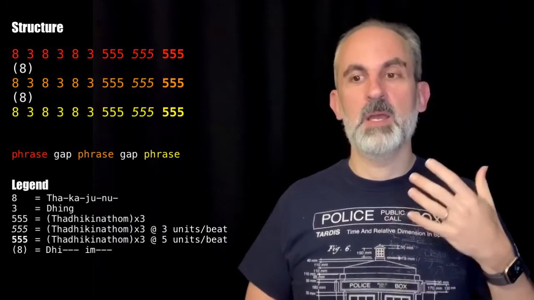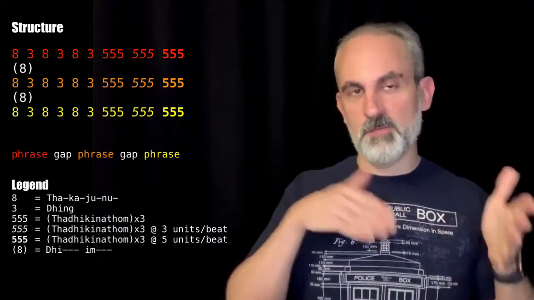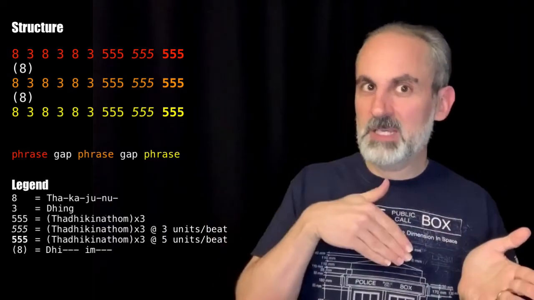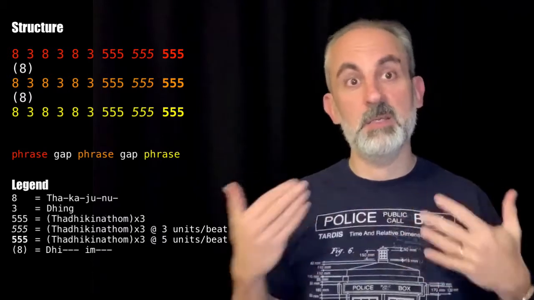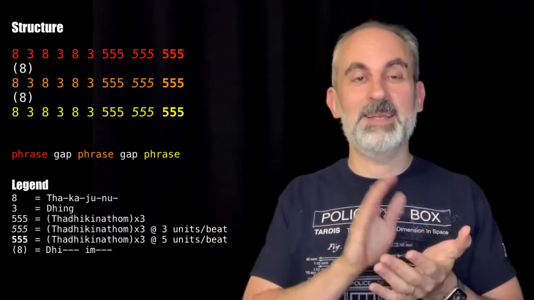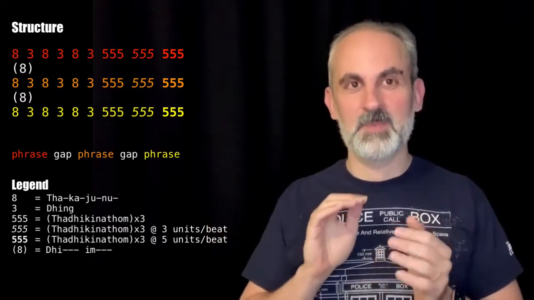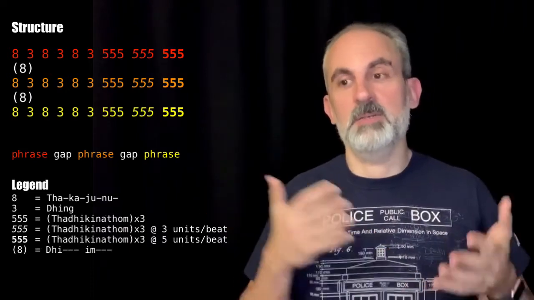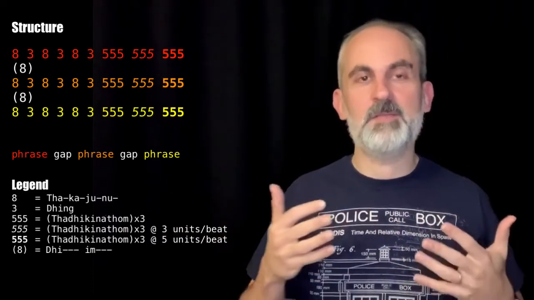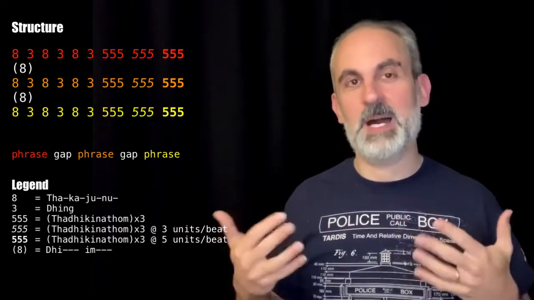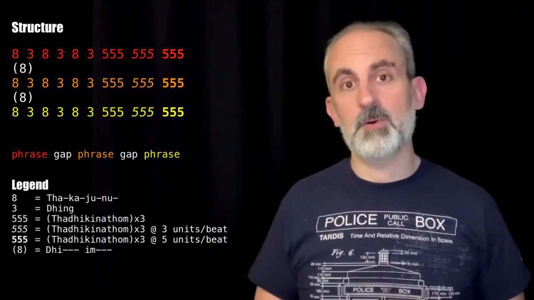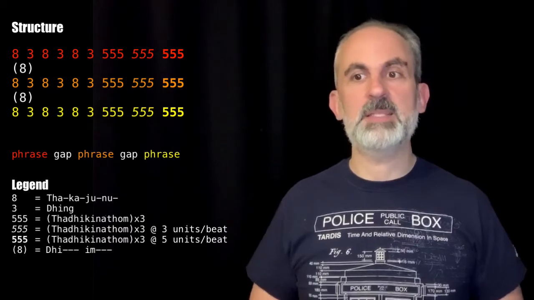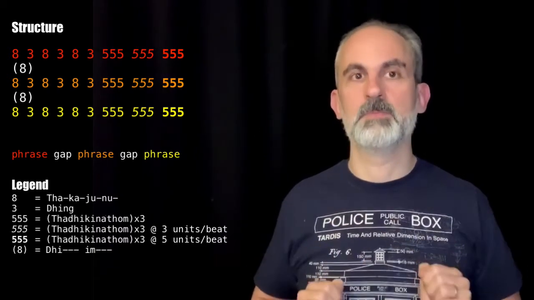That means that after going from 4 down to 3, we go up into 5 subdivisions per beat, giving us Thadhikinathom, Thadhikinathom, Thadhikinathom. You see, it's all downbeat because, subdivisions of 5 and the phrase are also a phrase of 5 beats. Simple. Then the gap for 8 is going to be nothing but Dhi.